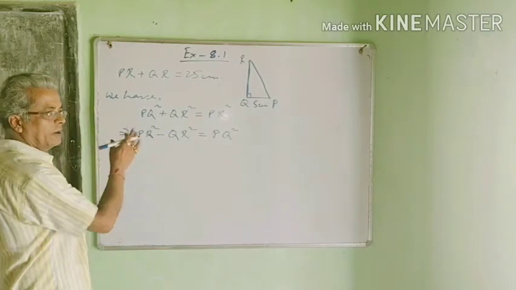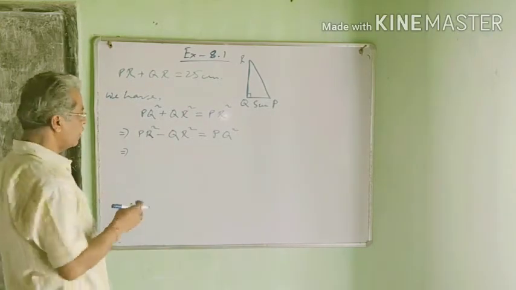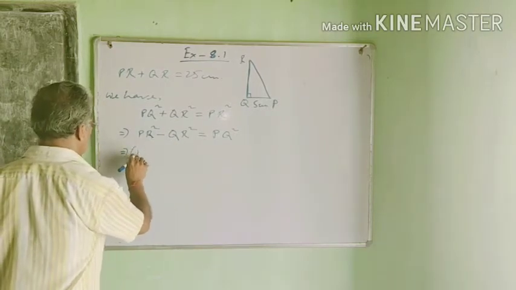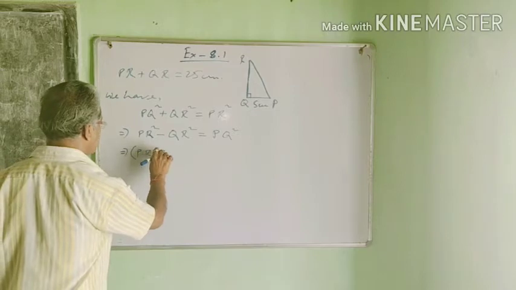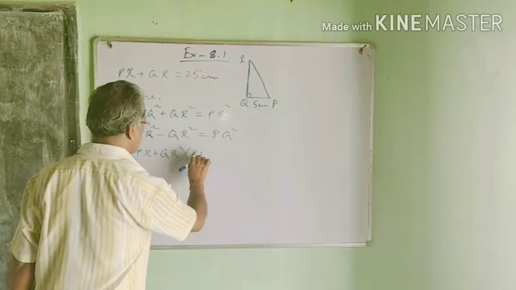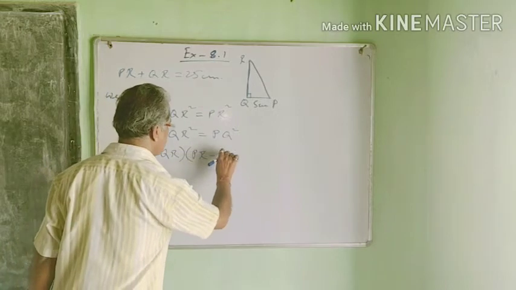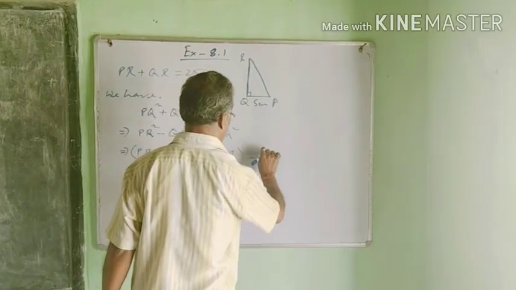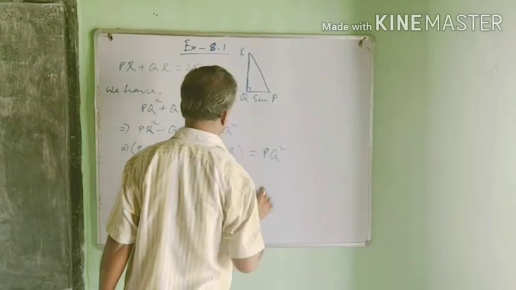Now apply the factor formula. A square minus B square is A plus B into A minus B. So PR plus QR into PR minus QR is equal to PQ square.